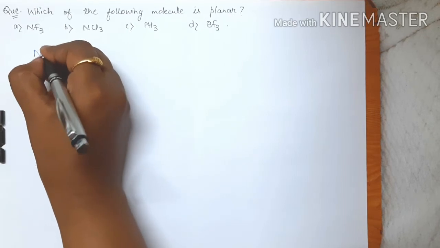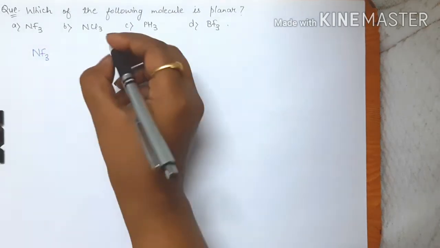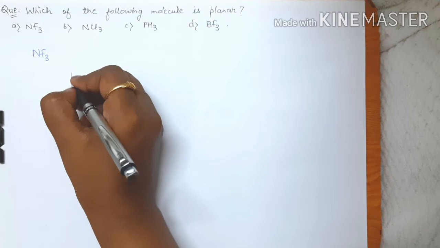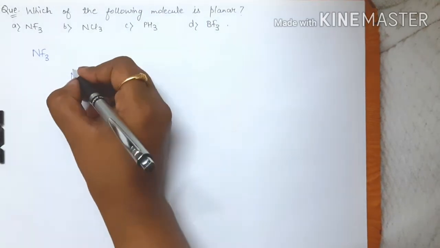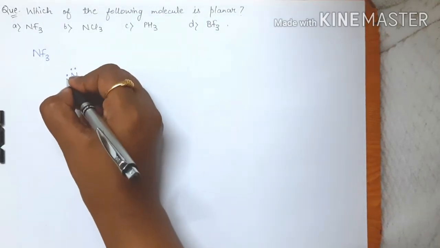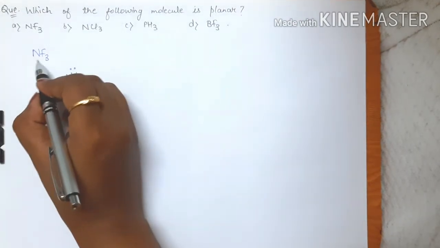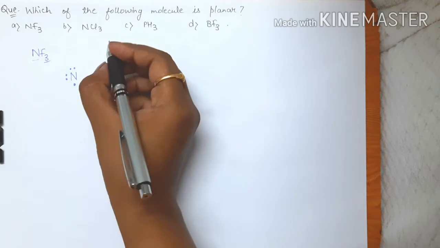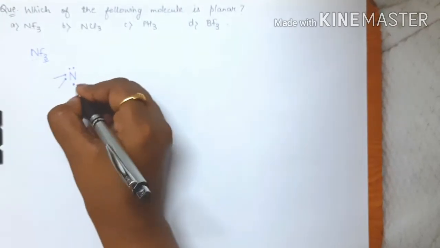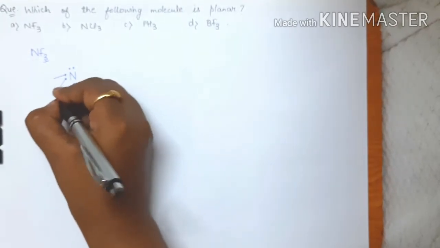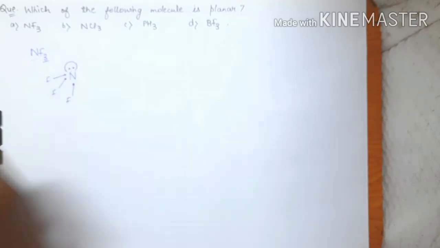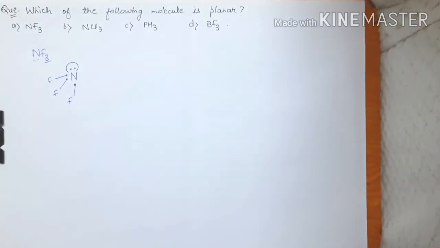So first is NF3. Here the central atom is going to be nitrogen. Nitrogen is having 5 electrons in the valence shell. Now this nitrogen is attached with 3 fluorines. Fluorine is univalent, so it will be attached like this, and there will be one lone pair present on this nitrogen.